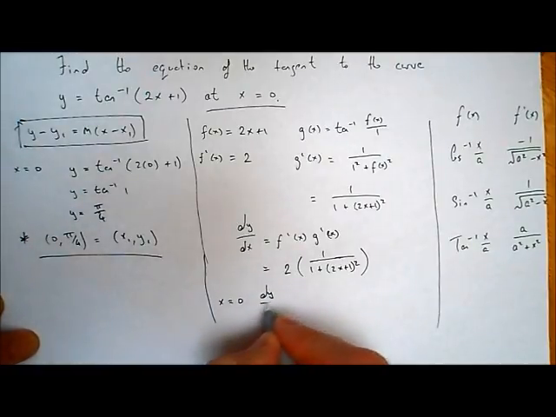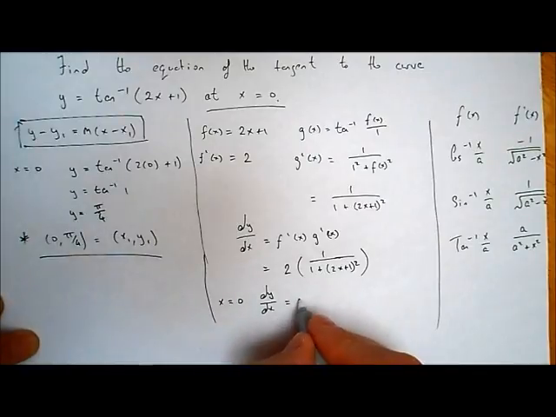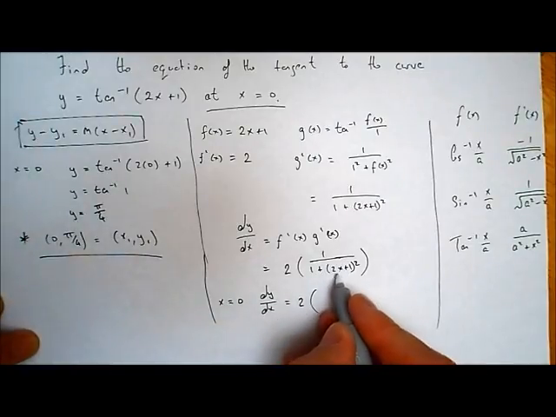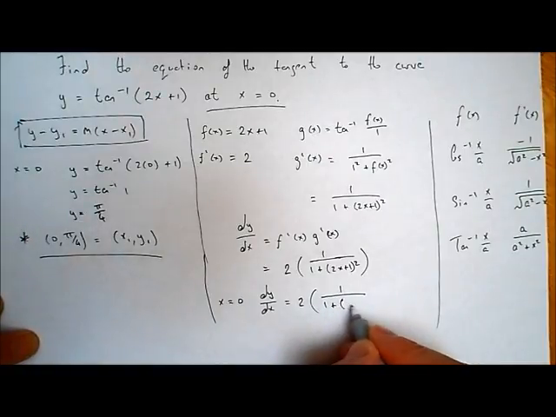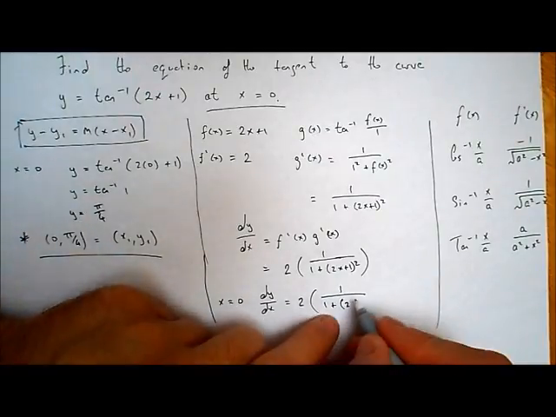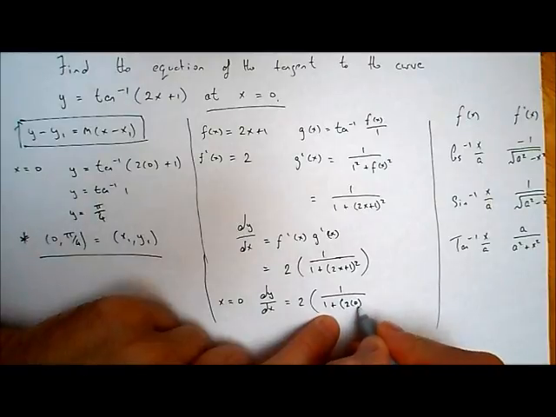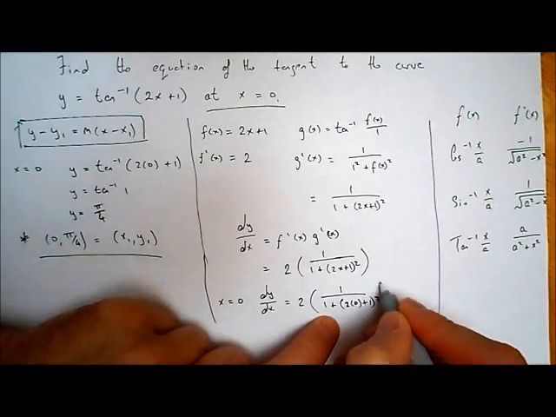So dy over dx will equal twice, and just fill in 0 for x in this. So twice 1 over 1 plus, there's an x there, so I'm going to fill in 0, plus 1 all to be squared.